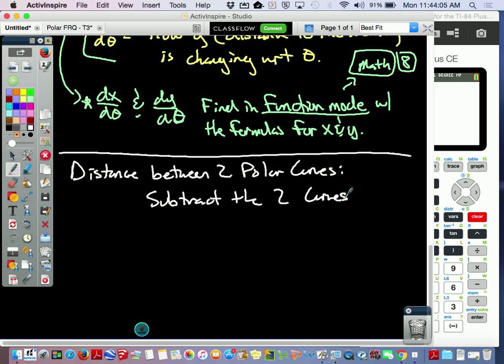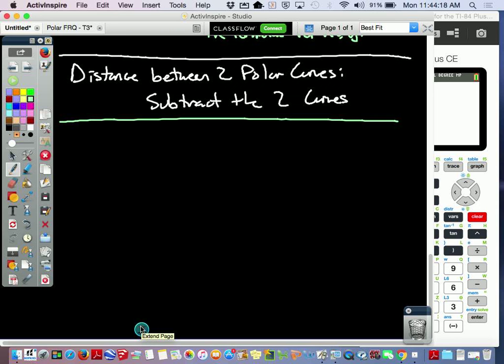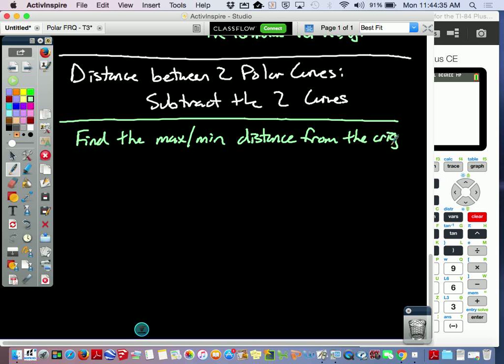So if you need the distance between two polar curves, subtract. And finally, the last thing that could potentially show up: you might get a question that says, find the maximum or minimum distance from the origin.